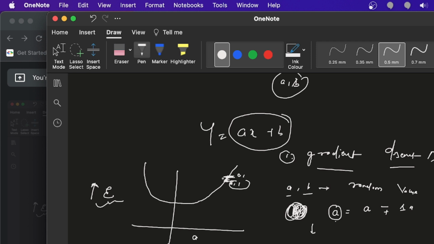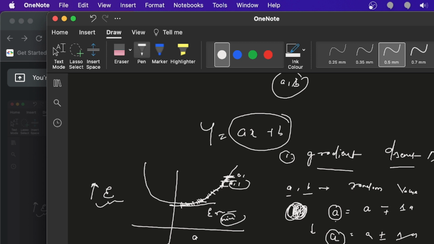You are changing again, updating the value of A again. After a certain number of times, maybe you will get your minimum error, and at that time your value will be found.